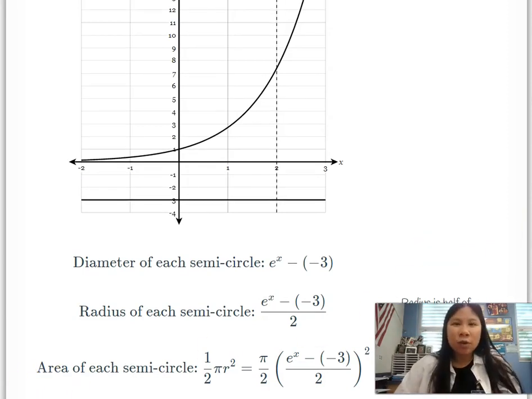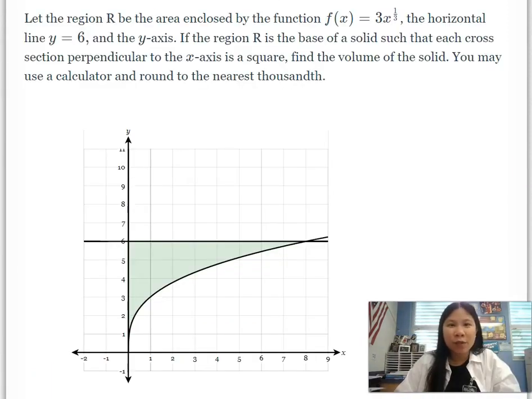Okay, so now that you've seen one problem and related this back to our project, let me show you another example. This time we're looking at the function 3x to the 1/3 power, so that's this curve right here. And then we're bounding it by the horizontal line y equals 6 and the y-axis. So we have this shaded area right here.